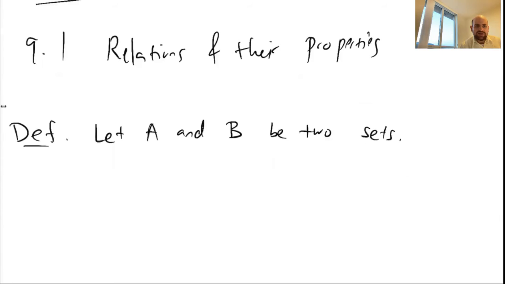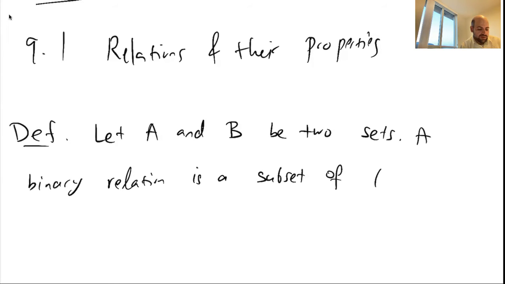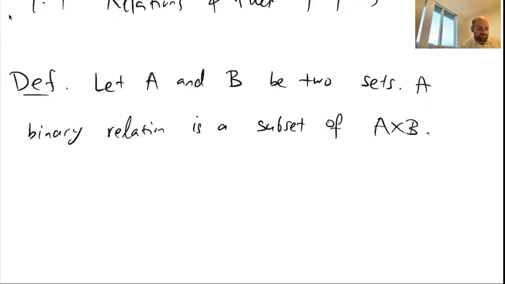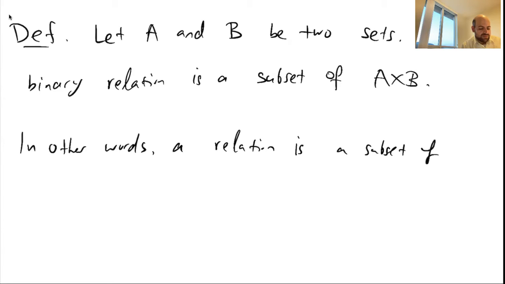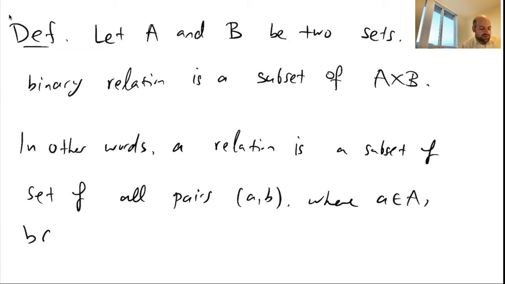A binary relation is a subset of A cross B, the Cartesian product of A and B. In other words, a relation is a subset of the set of all pairs (a, b), where a comes from set A and b comes from set B.